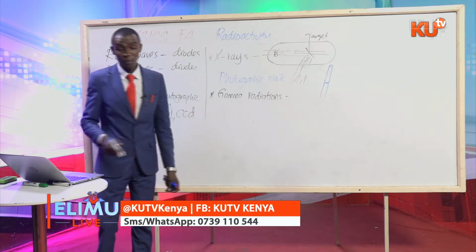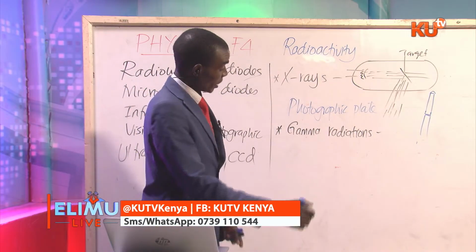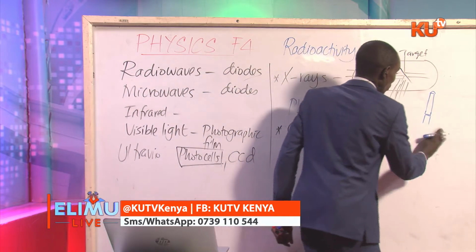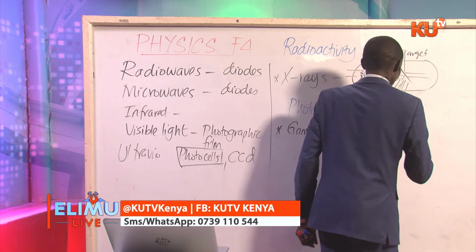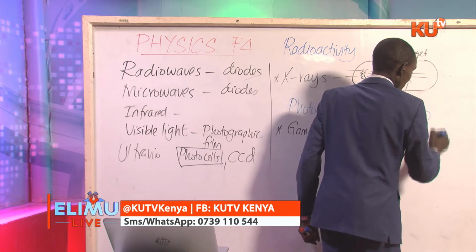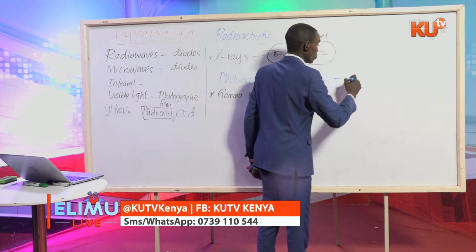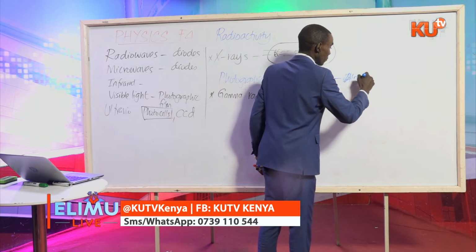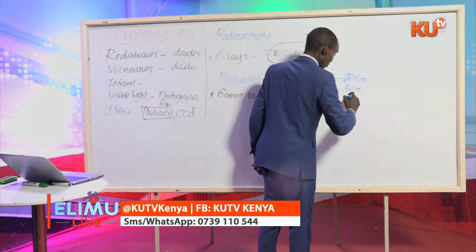And we shall see that some of the atoms can become unstable, in which case they are able to split or to disintegrate in a process called radioactivity. And as they split or disintegrate, forming smaller nuclei, in the process they are able to produce particles called alpha, others called beta, and now radiation in form of gamma.